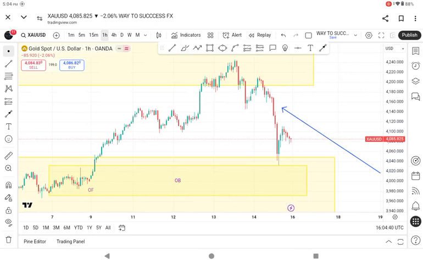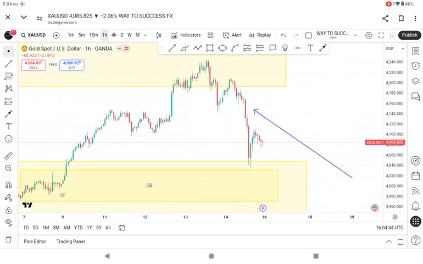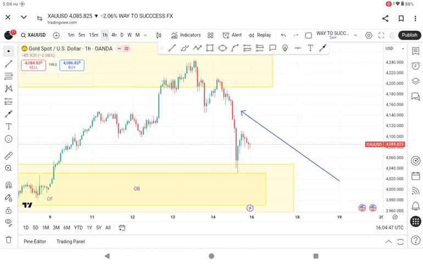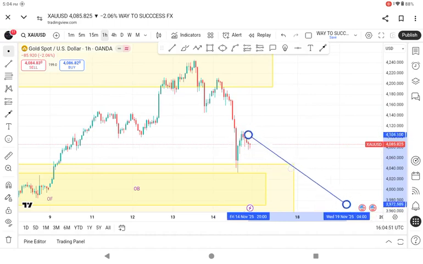Okay, here in H1, at that level, we have had a lot of bullish candles closing to the upside.